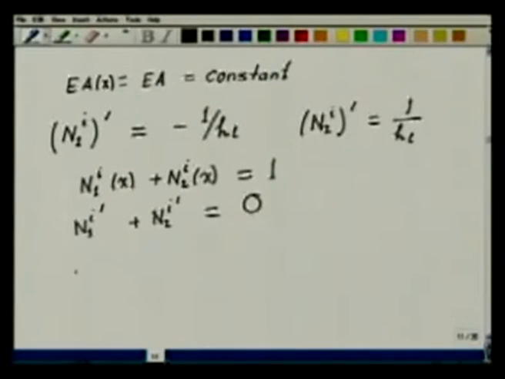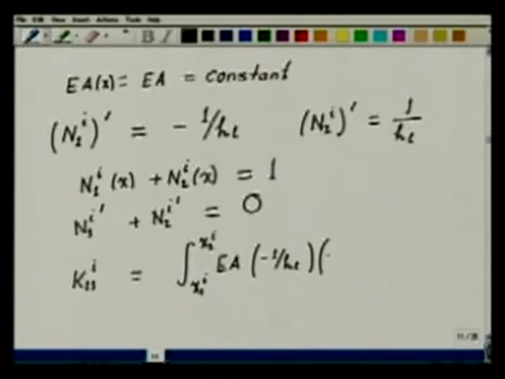So what will k11 of element I be equal to? It will be equal to the integral from x1 of I to x2 of I of EA, which is now a constant for this particular example that we are taking. Now n1i prime is equal to minus 1 by HL. Again n1i prime is minus 1 by HL dx, and the integrand is a constant.